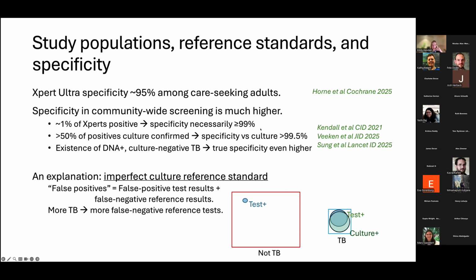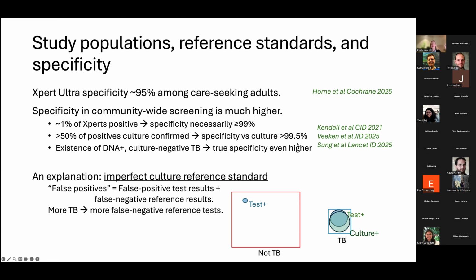And that sets a floor, even if those were all false positives, on your specificity at 99% or higher. And then a lot of those positives actually are confirmed as being true TB, say, are culture positive, which raises the floor on that specificity even higher, to something like 99.5%.